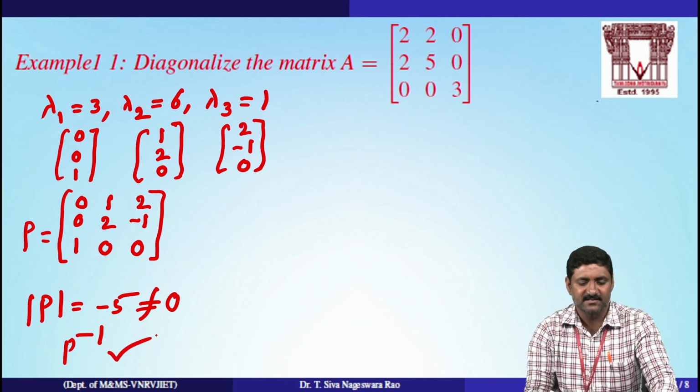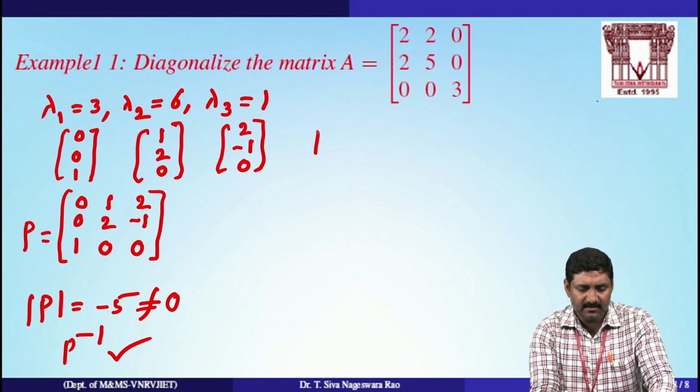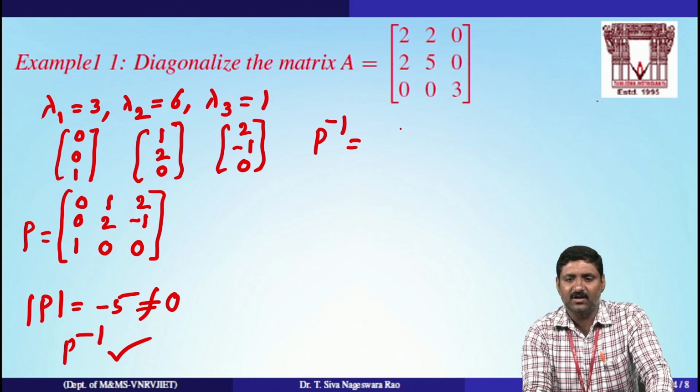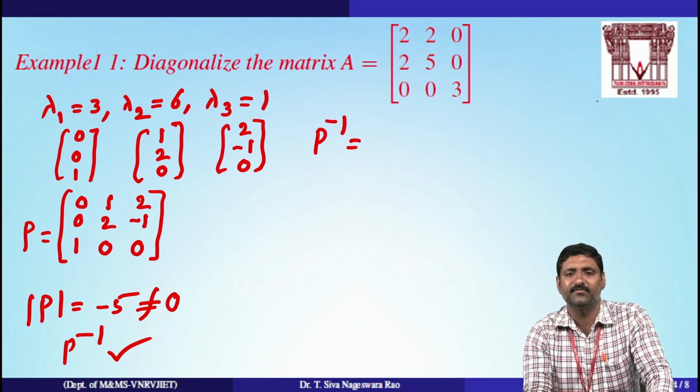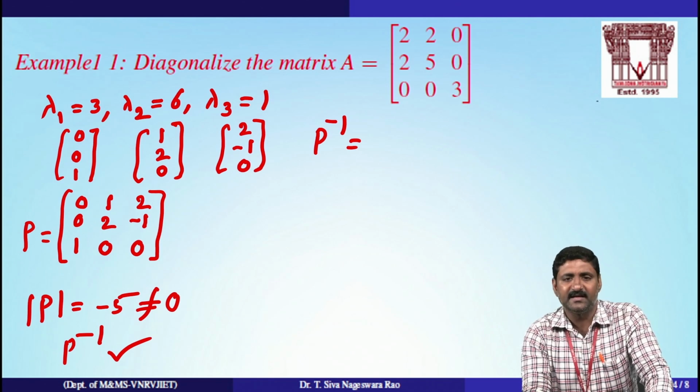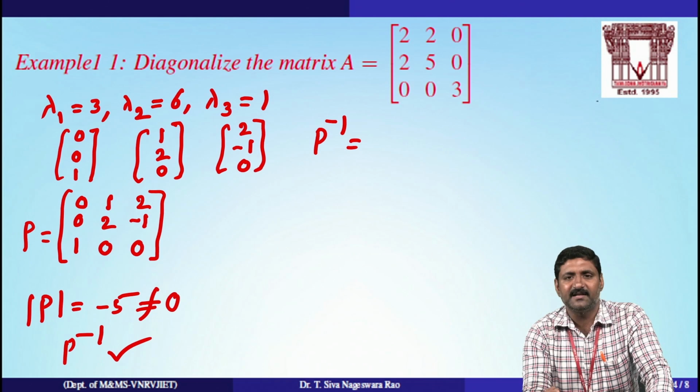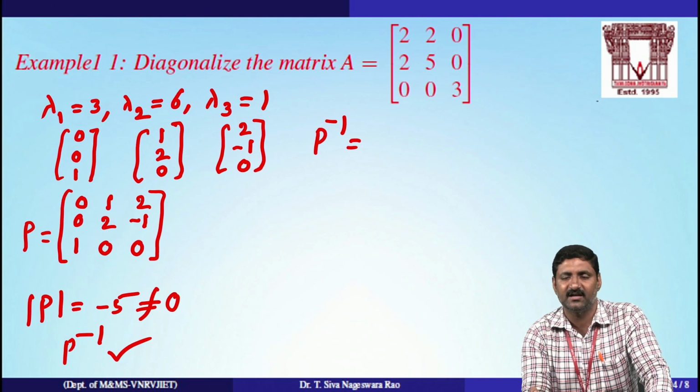Now, what is P inverse here? In lower classes we studied how to find the inverse of a given matrix if it is non-singular. That is, if capital A is a non-singular matrix, then A inverse is equal to adjoint A divided by det A, where det A is not equal to 0. In the same way, I am going to calculate P inverse.